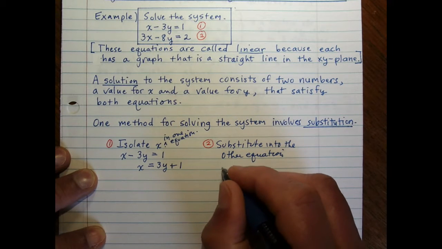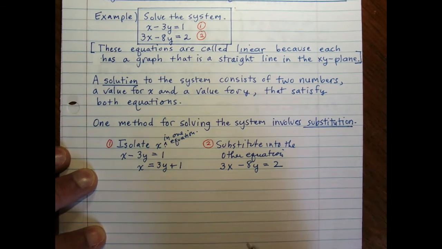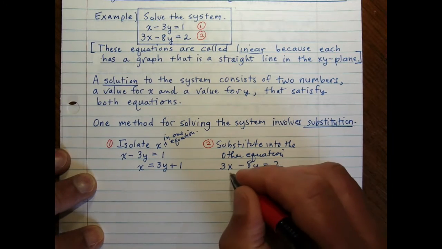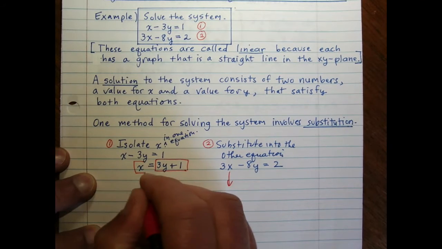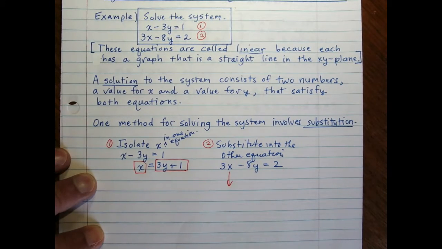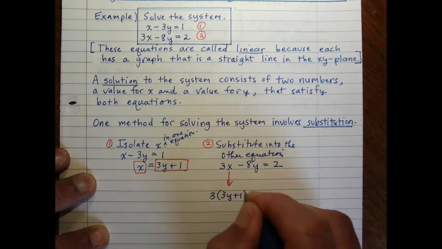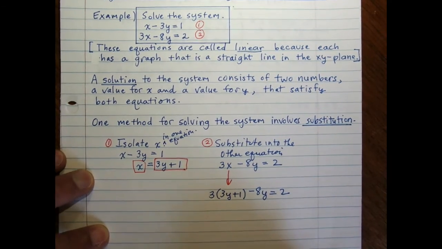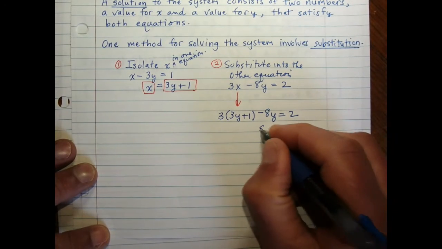I'll take equation 2, 3x minus 8y equals 2, and I'm going to replace x with this expression 3y plus 1. So I have 3 times 3y plus 1 minus 8y equals 2. And we get an equation of one variable that we can now solve for y.